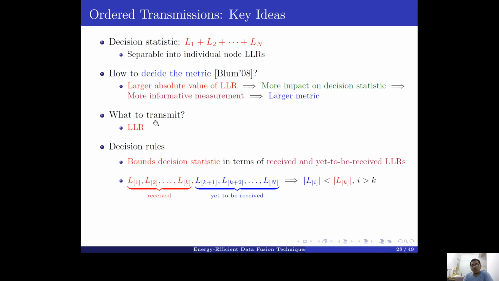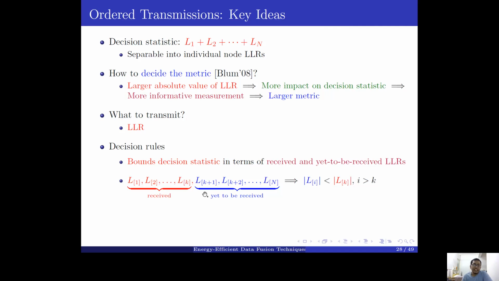Now the question is what to transmit when the node's timer expires. Since the final decision statistic is in terms of LLRs, the node will transmit its LLR. Now, what are the decision rules that need to be used at the fusion node? The key idea behind the decision rules at the fusion node is to bound the decision statistic in terms of what you have received and what you are yet to receive.